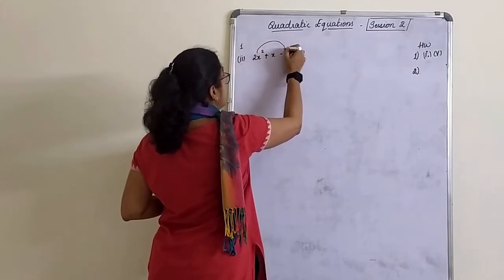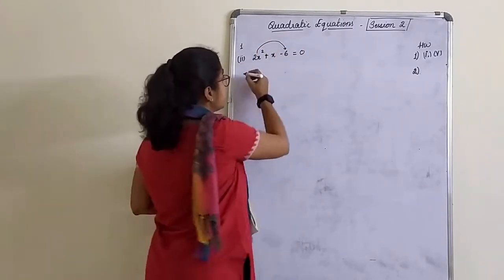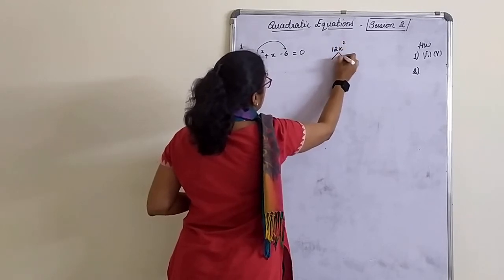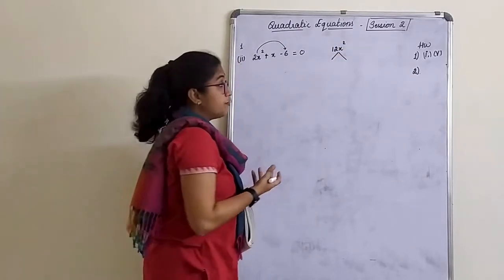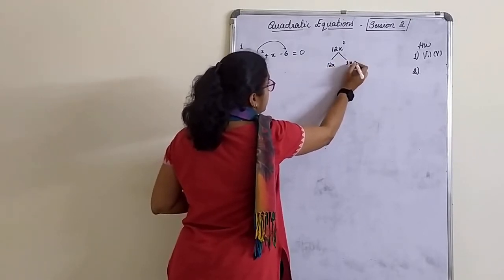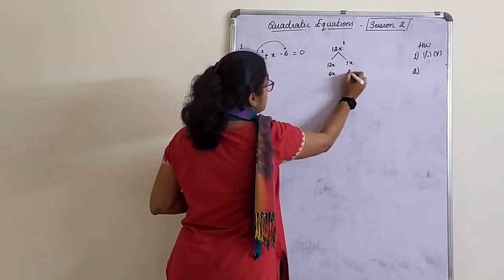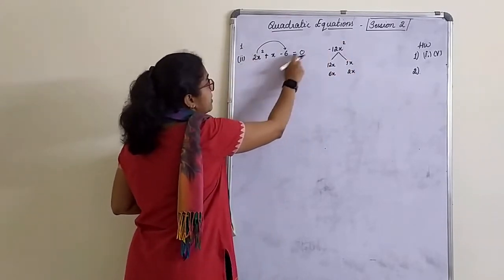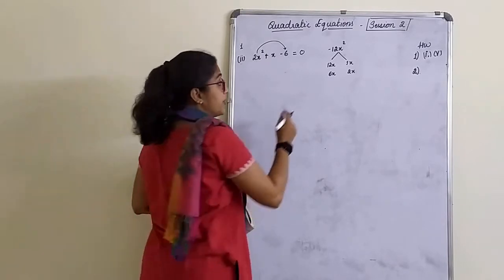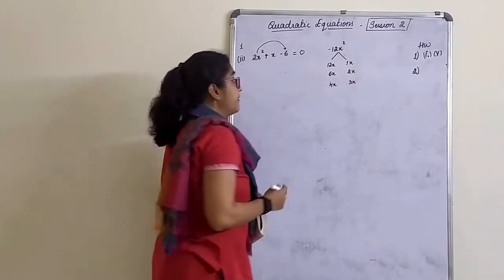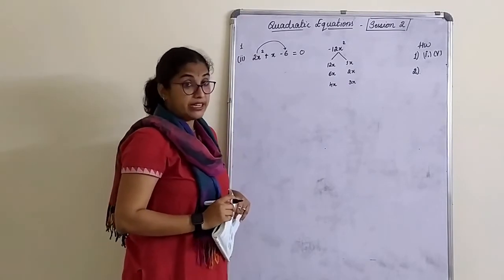For that we have to multiply first and last term. 2 sixes are 12x square. Now we have to find factors of 12. What are the factors? Of course, 12 ones are 12. Then 6 twos are 12. You want minus 12x square: 2 into minus 6 is minus 12x square. Then 4 threes are also 12. These are the possible factors.